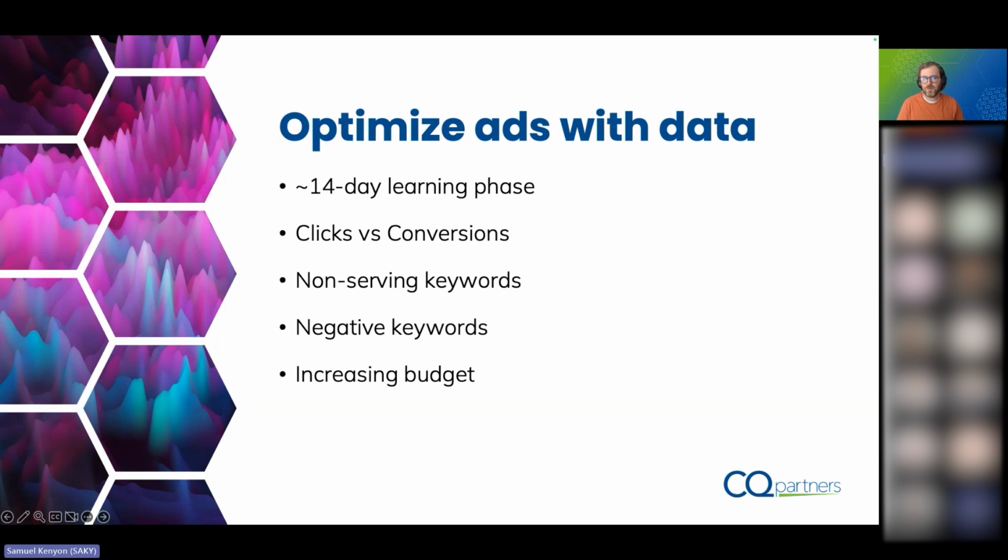So after about 14 days of your campaign running, you exit what's called the learning phase. So Google's collecting all this data. They're not spending your budget as quickly, and they're learning what's performing. So if you make a bunch of edits to your ads after the learning phase, it's going to go back into the learning phase because Google keeps needing to do this.